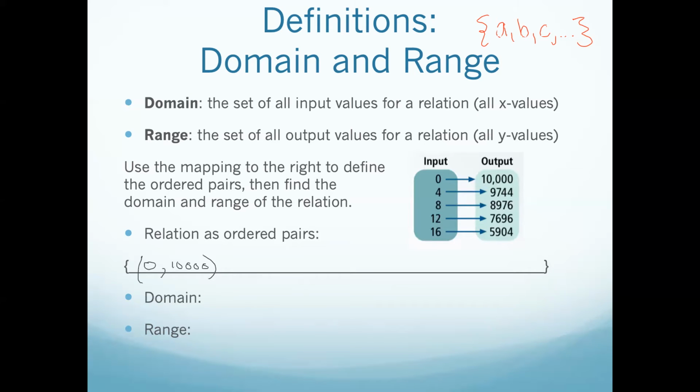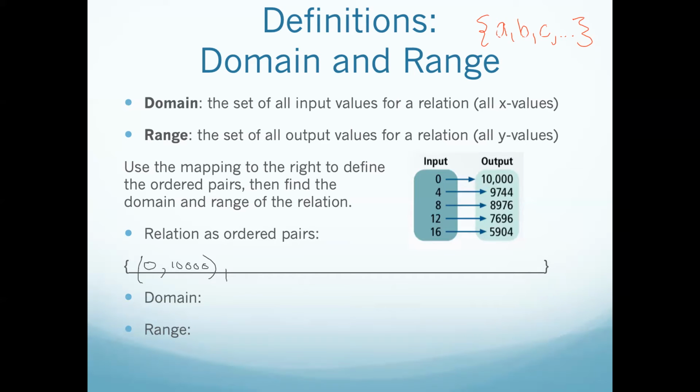If I put a comma in the 10000, that's going to be confusing because it will look like an ordered triple. We'd have 0, 10, 0, 0, 0. How do I know which comma is for the ordered pair and which comma is for the value? So when we have something in the thousands or even bigger than that, we do not put commas for the place values.